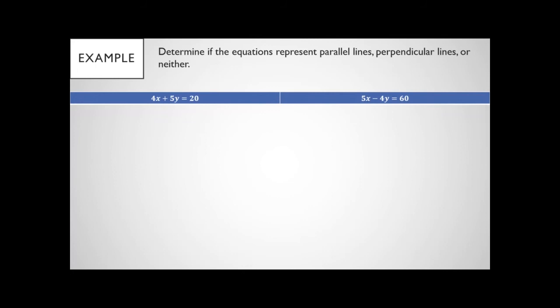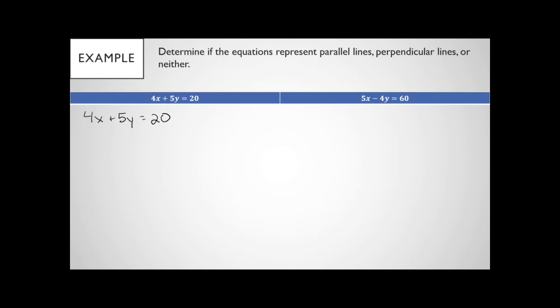This time these two lines are not in slope-intercept form. So the best way to find if they're parallel, perpendicular, and so forth is to actually put them in slope-intercept form. So I need to solve both of these equations for y. So I'm going to start by rewriting them, so that way it just looks a little easier when I start solving.